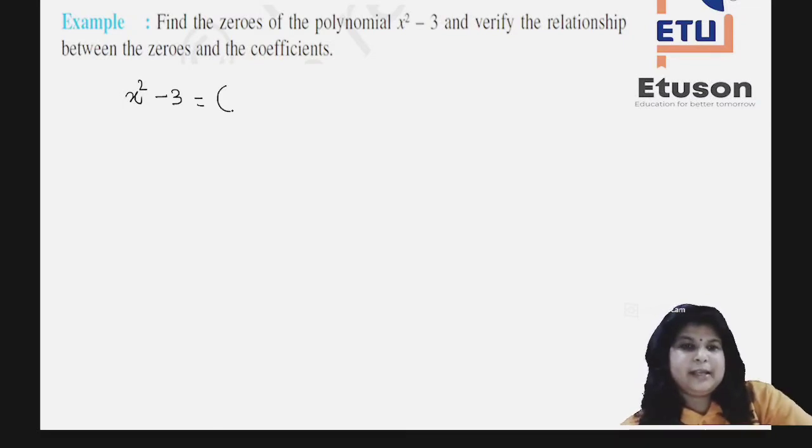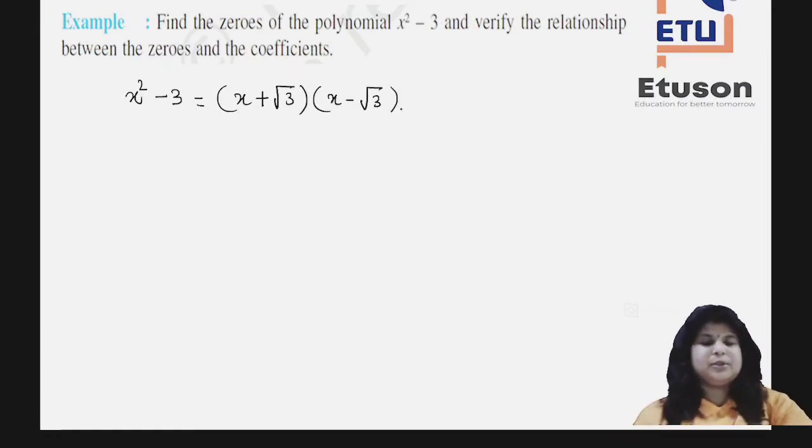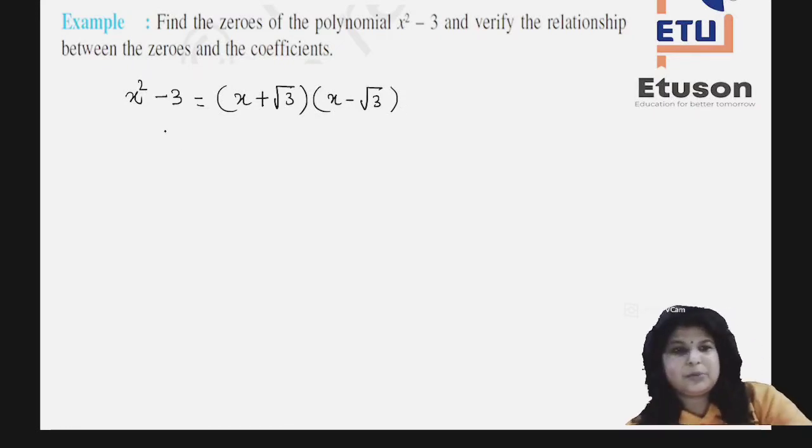So, can I write it like this? It is x plus root 3 into x minus root 3. So what will be the zeros of the equation?